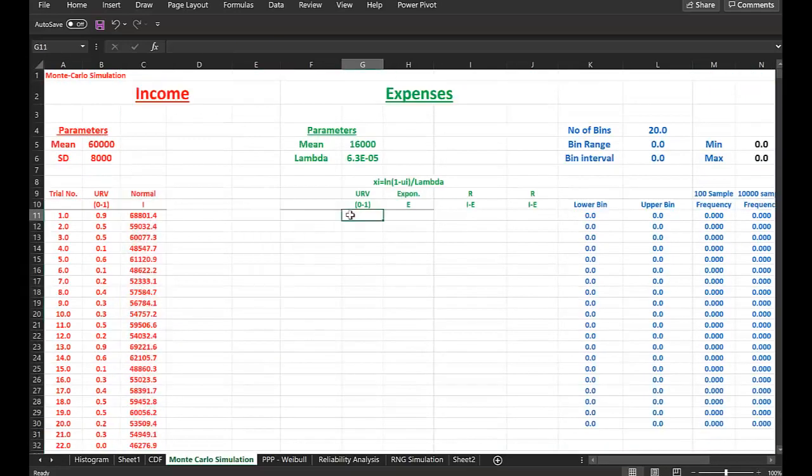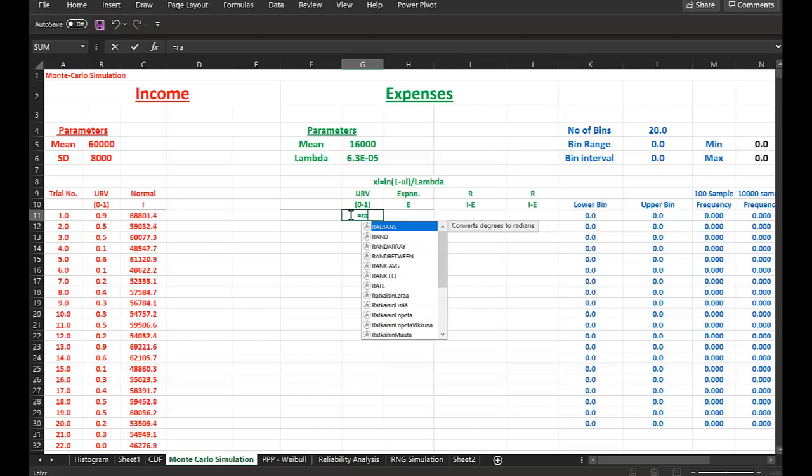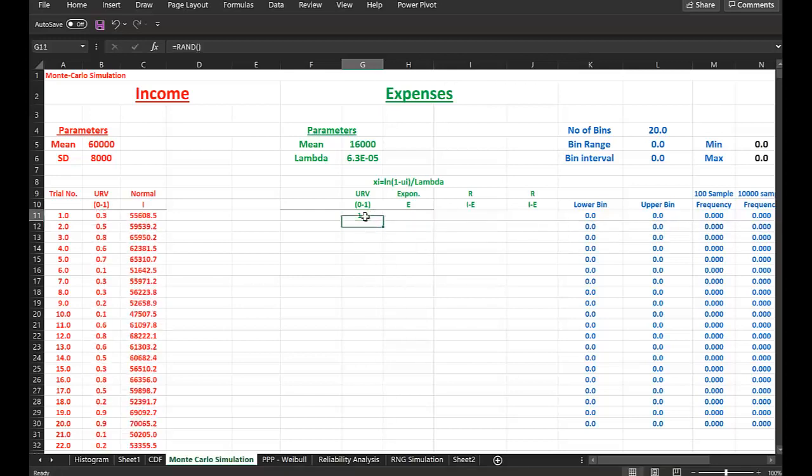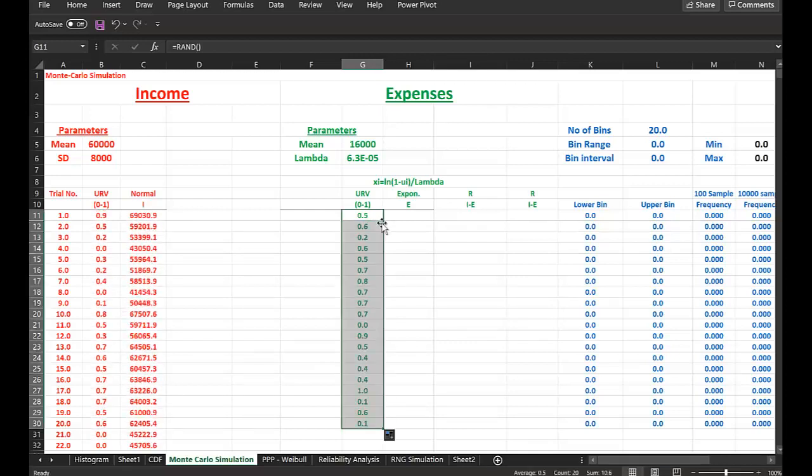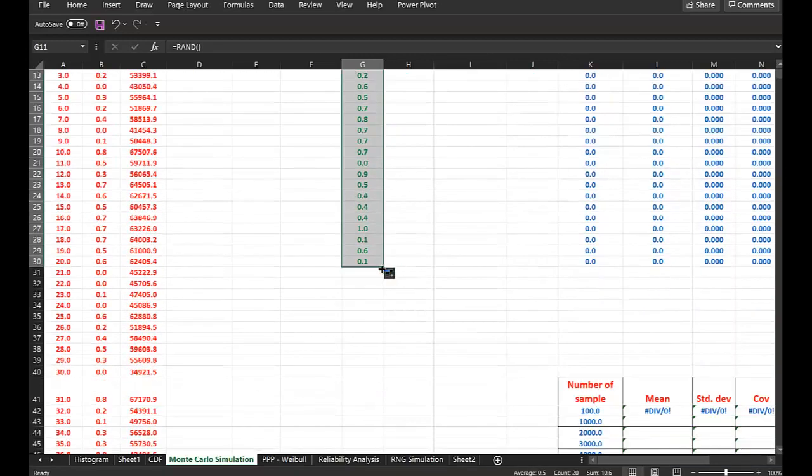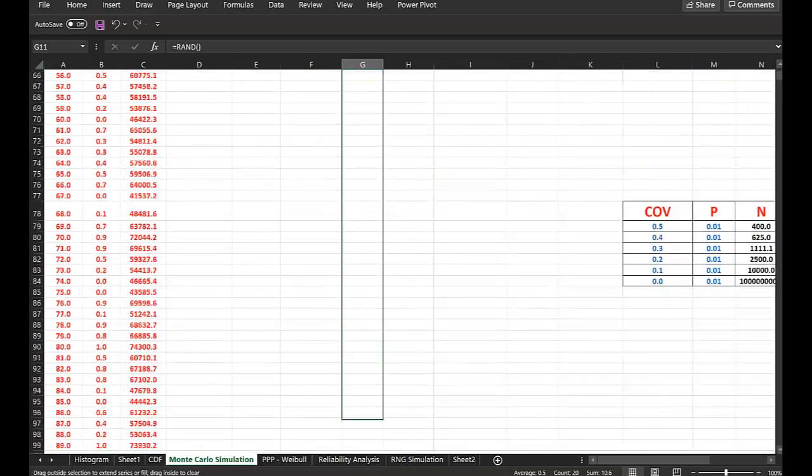Now let us discuss expenses. We again have to generate uniformly distributed random numbers, and I can use the RAND function and then double click, and it will generate 10,000 samples. In this case I have to drag up to 10,000.